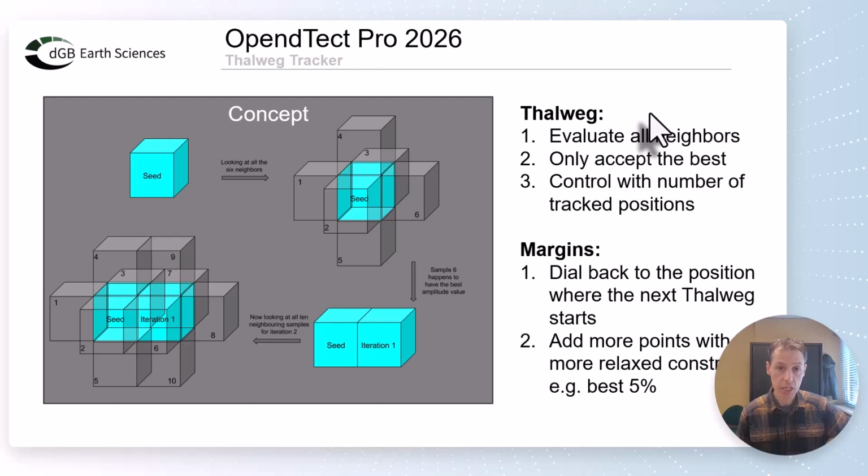Well, the user is picking a seed, and then we evaluate at all neighbors the position of the voxel which is most likely to match our seed location. So we iteratively grow the set of tracked seeds through the tracking mechanism of the Thalweg Tracker, and the user specifies after how many seeds the tracking is going to be stopped.